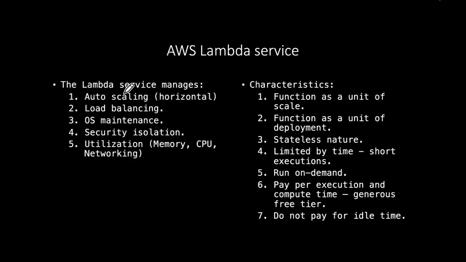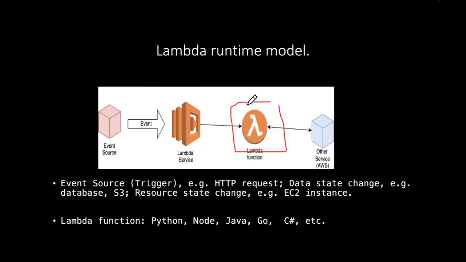So if there's a high volume of events targeting our particular Lambda function, then what we'll see is that the Lambda service will create parallel, if I go back to the previous slide, it'll actually create parallel instances of micro VMs and load each of them with a separate copy of your Lambda function.